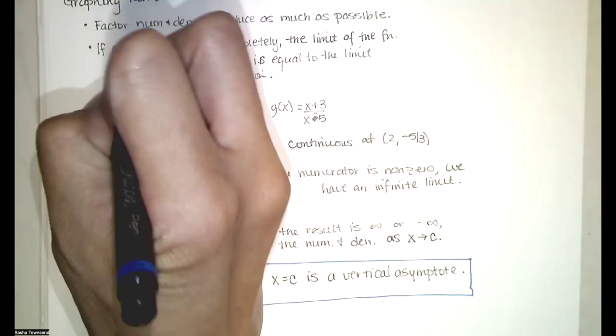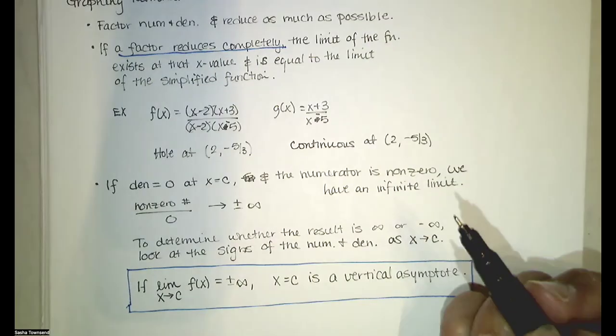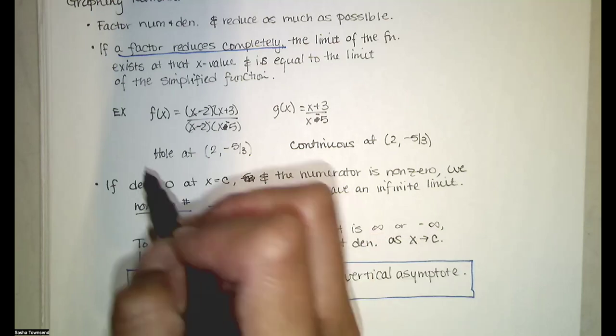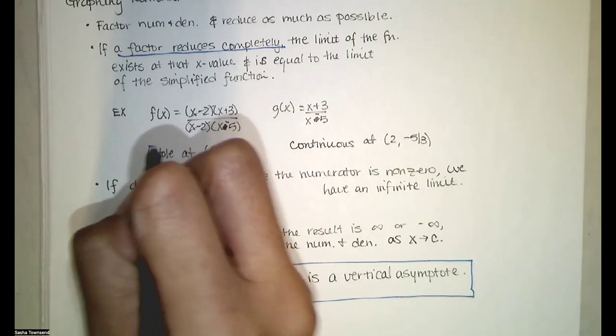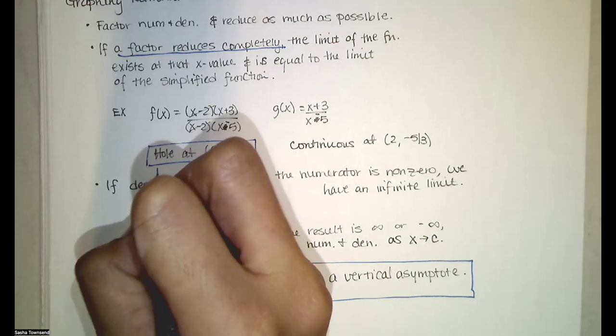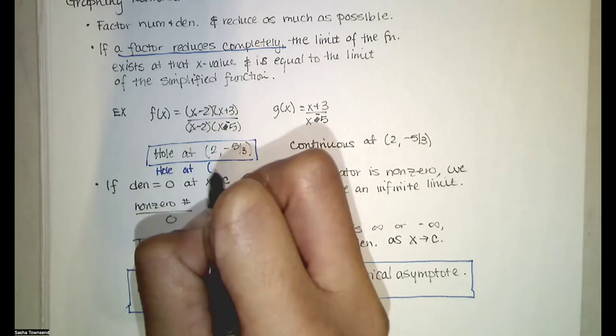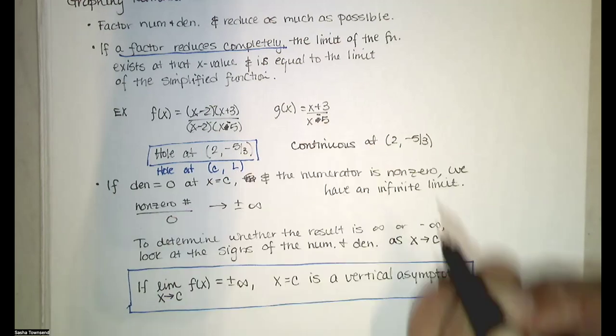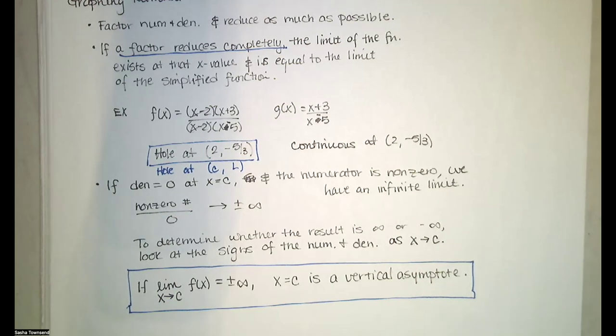And if a factor reduces completely, then our graph has a hole in it at that value of interest. So in general, it would have a hole at x equals c, y equals l, where l is the limiting value.